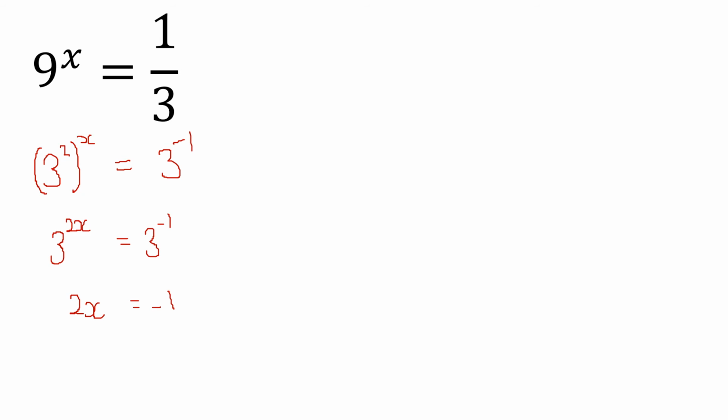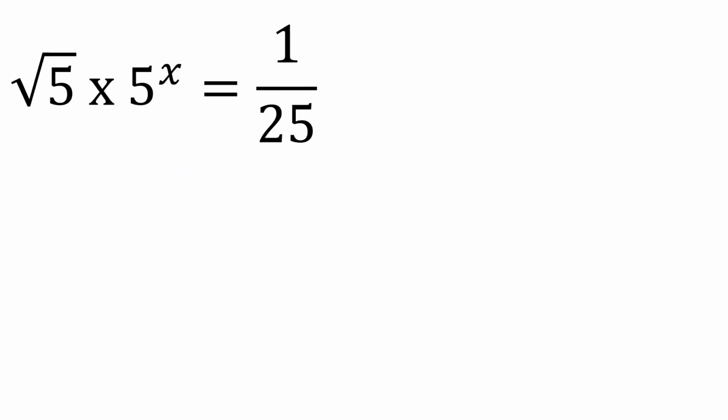So x is being multiplied by 2, the inverse is to divide, so we divide both sides by 2, so we'd have x is equal to minus 1 over 2. And there's our value of x.